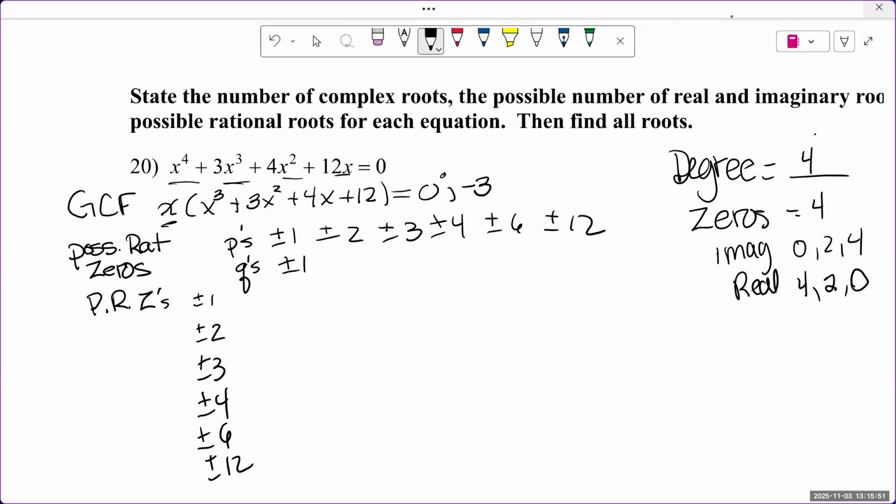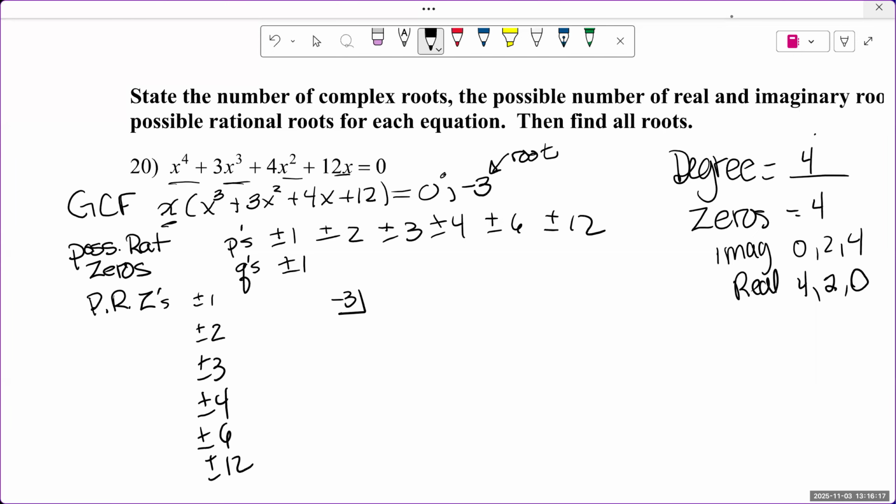Now we know that x plus 3 is a factor. I could either do long division with x plus 3, or I can do synthetic. If I've given you that this is a root, then I'm going to do synthetic division.